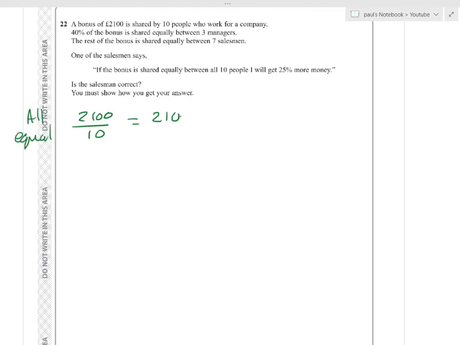So the salesman gets 210. Right. Now, if the first way, the 40% way, yeah. So we've got 2,100 times 40%.